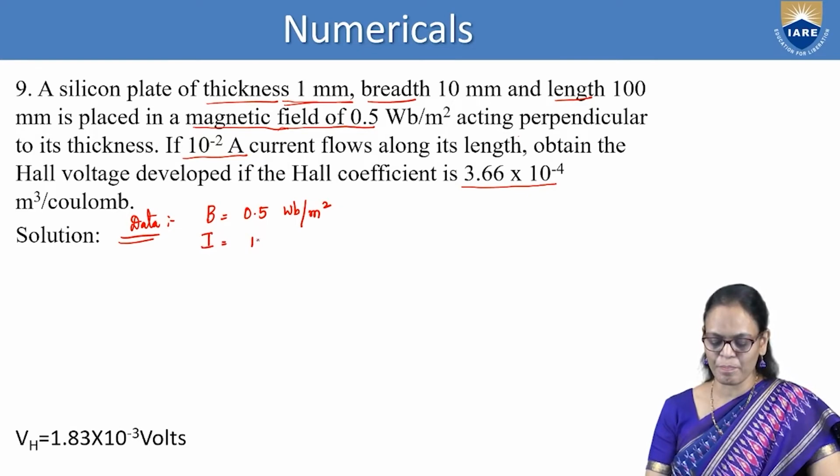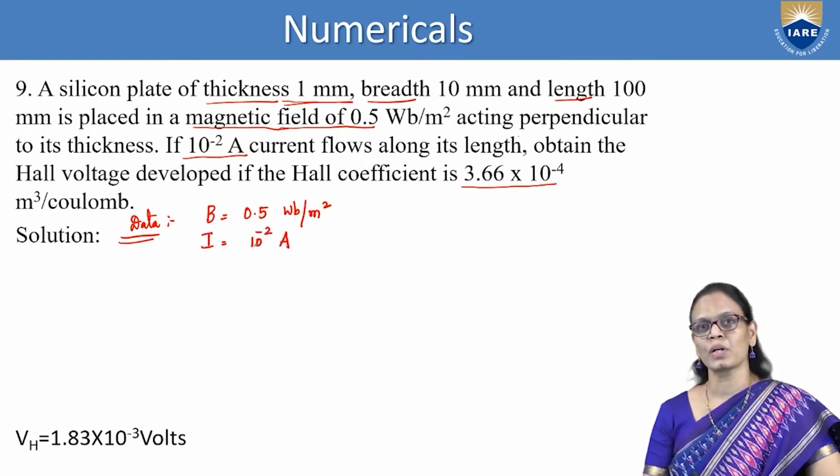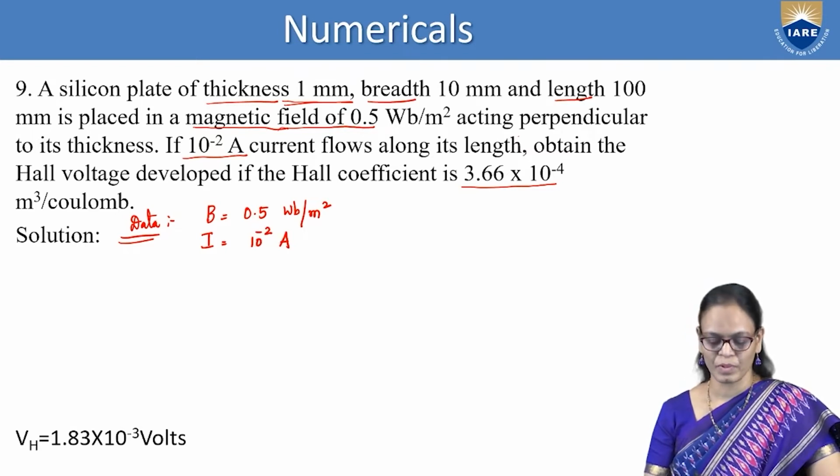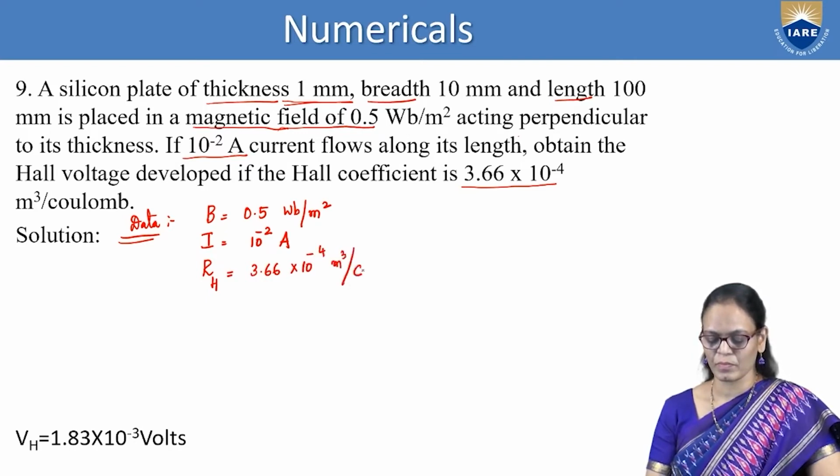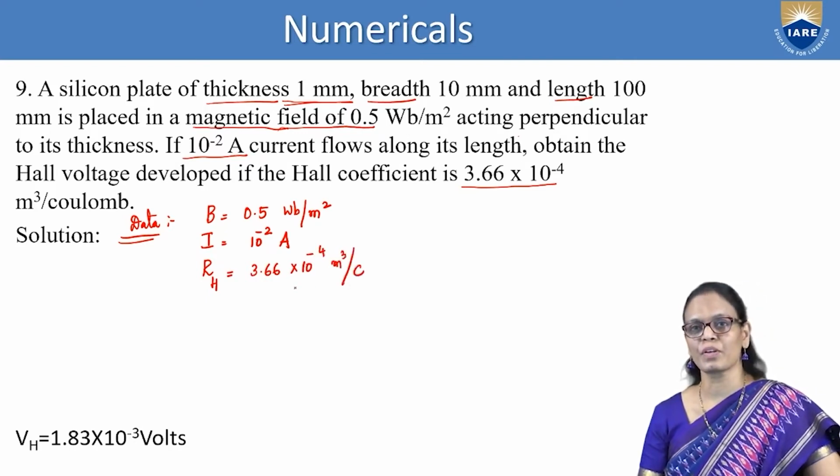I is equal to 10 power minus 2 ampere. Current is given. And Hall coefficient is also given. RH is equal to 3.66 into 10 power minus 4. Hall coefficient is also given.